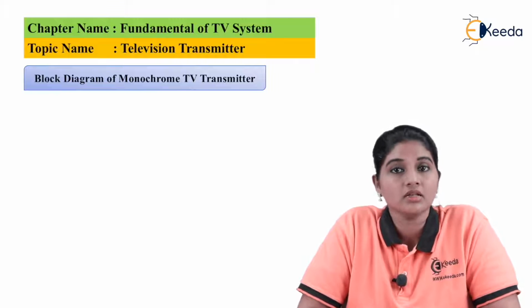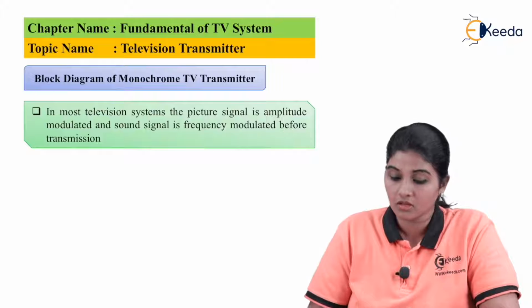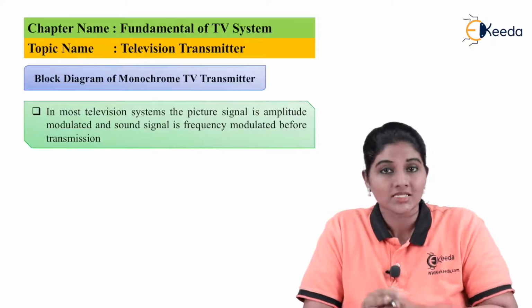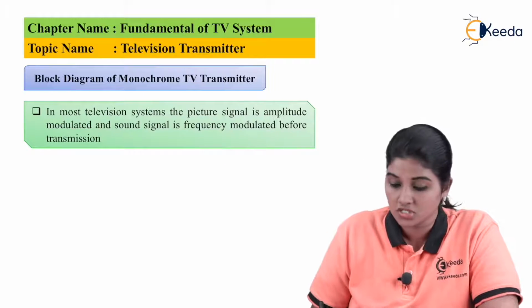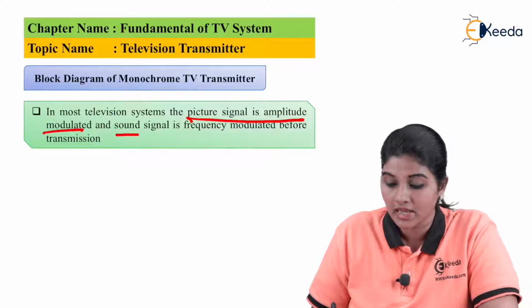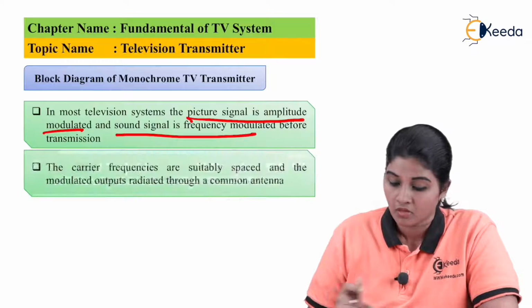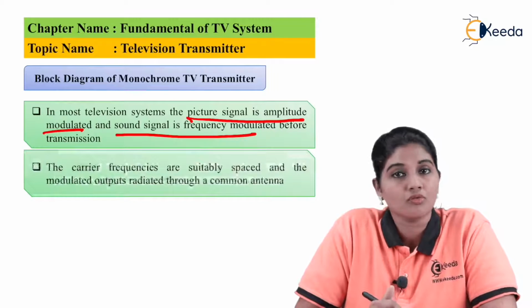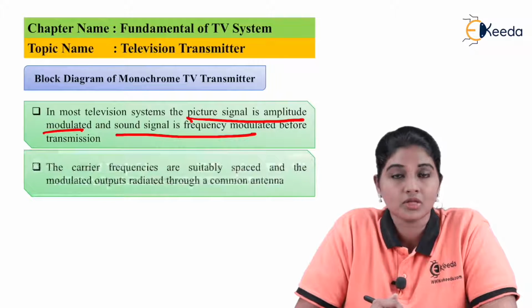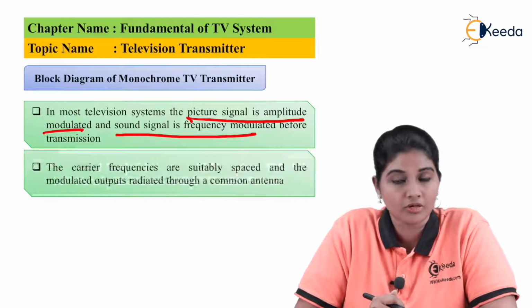Now let's understand the block diagram of the transmitter section of monochrome TV. As I said, in most television systems, the picture signal is amplitude modulated and the sound signal is frequency modulated before transmission. The carrier frequency used here is the RF carrier frequency so that the amplitude and frequency can be modulated properly.